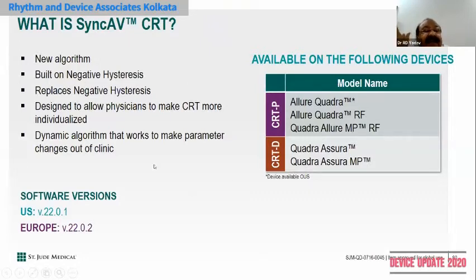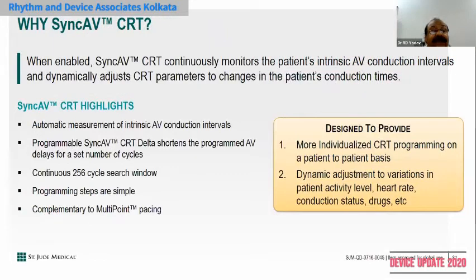Basically, it's an algorithm which measures the intrinsic conduction, the intrinsic AV conduction, P to QRS, and it uses negative hysteresis, the same negative hysteresis beat to beat. Here, after 256 beats, it's a continuous 256 cycle length. Before that it uses 3 beats of intrinsic conduction where it doesn't pace, it sees the intrinsic conduction, and whatever it is, you fix the delta, say minus 50.